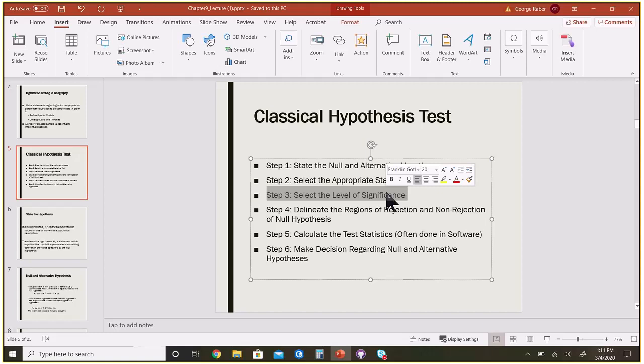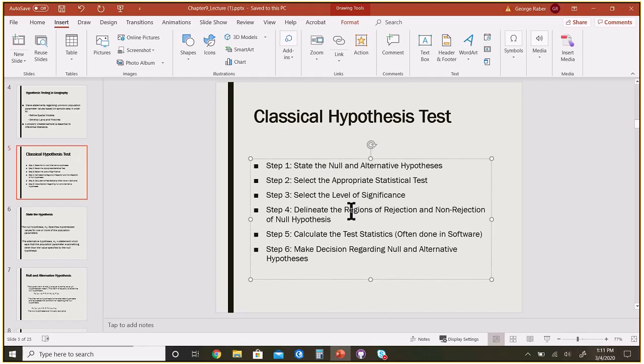All right, so once you choose your level of significance, you can go ahead and delineate the regions of rejection and non-rejection of the null hypothesis. So this is really important, but only in the sense that you're choosing here whether or not you actually chose it up here when you formed your null and your alternative hypothesis. Here you're just delineating it.